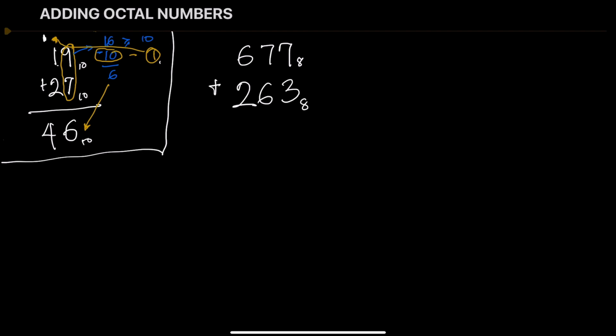Then we do our addition. The first thing to consider is that when we add, we feel free to add beyond 8, but when we record the number, it has to be less than 8.